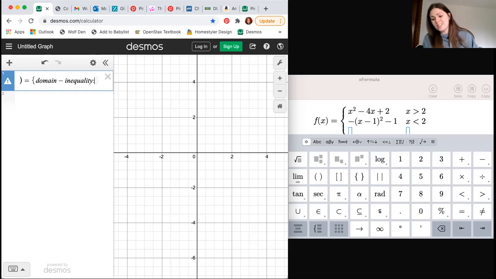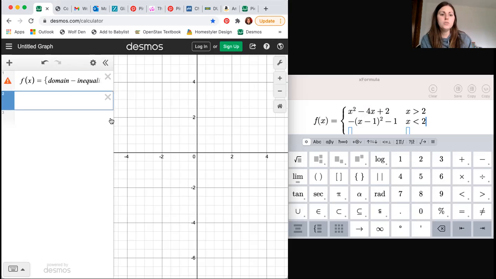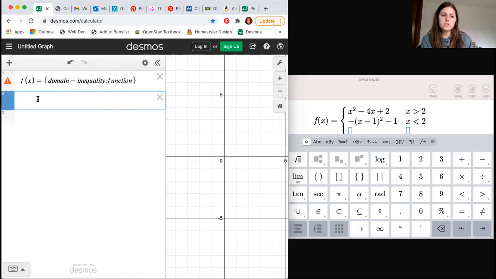On my computer, that's shift and semicolon. Big shocker there. So find your colon, and that's what you're going to put in right after that. And then you'll actually put the function that's right here. So f of x equals, on Desmos, you'll do a brace, type the inequality piece first, colon, then the function piece. And then lastly, close your brace. And then you would do that again for the second piece as well, and so on and so forth.